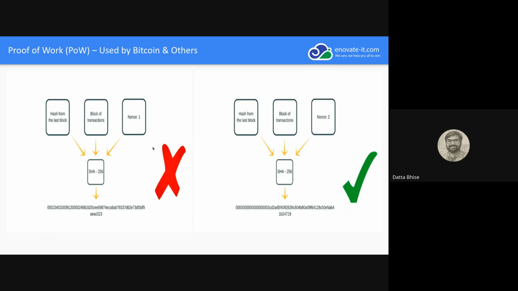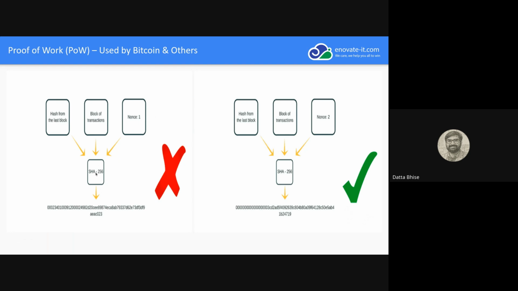The second one is the nonce. Nonce means a random number. So the challenge is to create a hash of this, and if it has, let's say, 10 leading zeros, fine. If it doesn't have 10 leading zeros, you have to change the nonce to another random number and calculate the hash again.